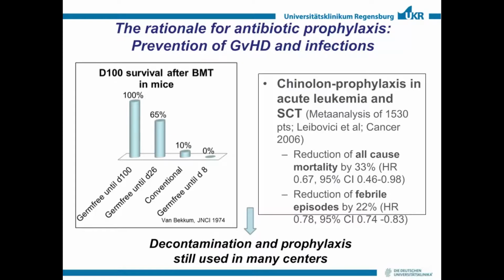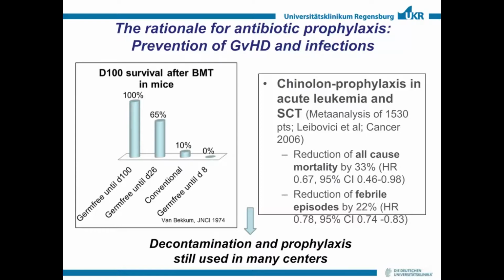These were data from Van Bekkum. He later confirmed the role of the intestinal microflora, which we now call the intestinal microbiome, also in rhesus monkeys, and there were other data in dogs. And finally, the first small data series in patients showed that germ-free conditions could help to prevent GVHD, and since that time decontamination is still one approach we are using in many centers currently.